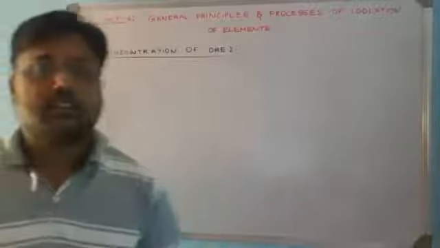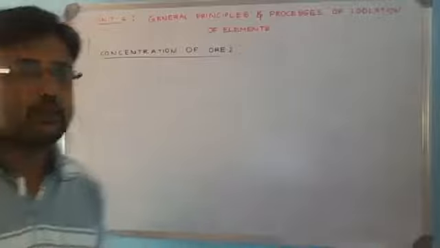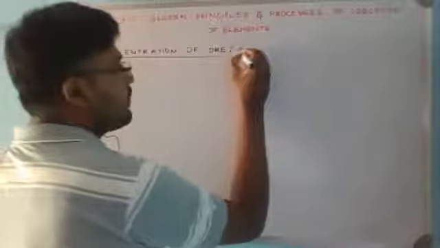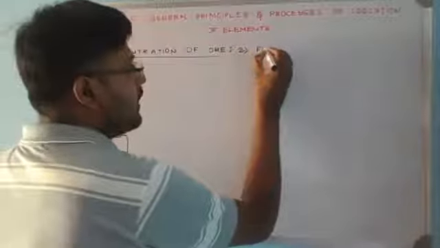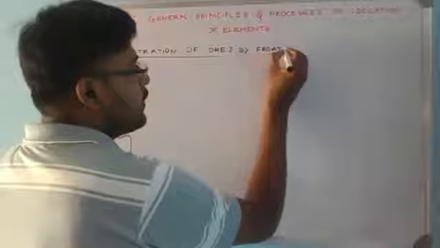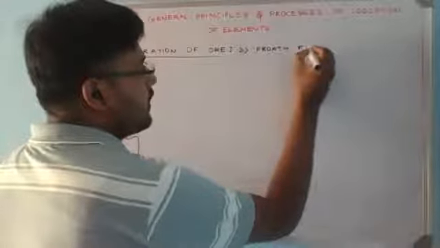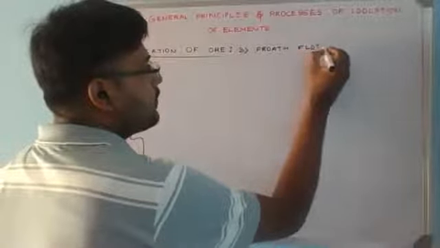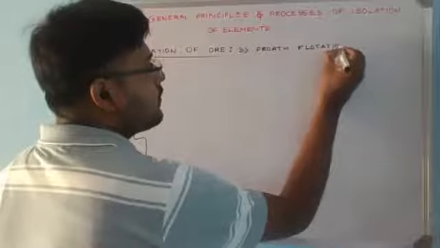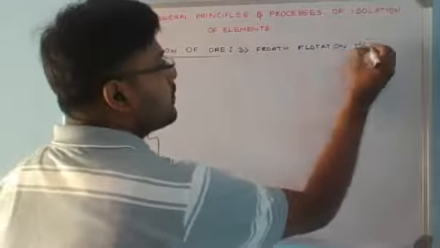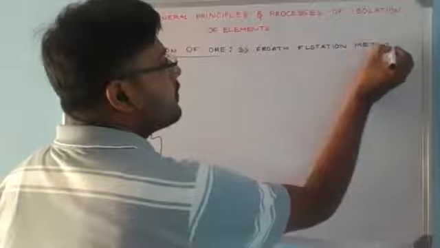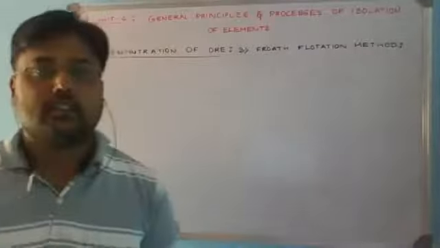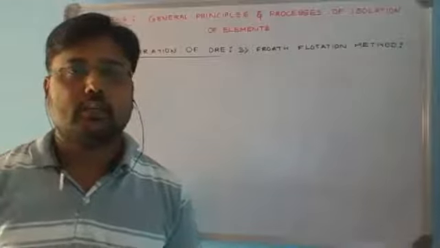Now we'll move on to the third method of concentration of ore. It is the froth flotation method. The third and important method is known as the froth flotation technique.